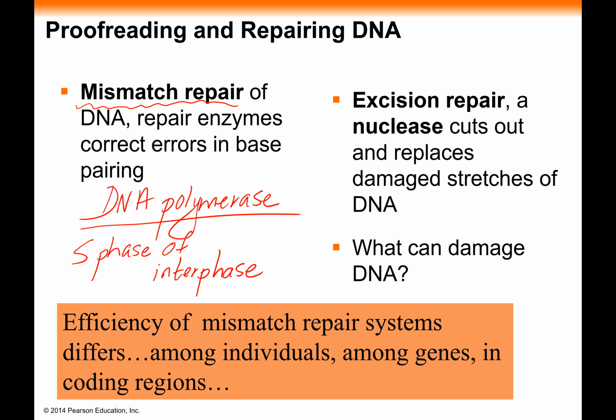Okay. But let's say we're in G1 or G2, and our DNA has been struck with some type of mutagenic agent. So, maybe radiation, certain foods can damage your DNA. There's a long list on the National Cancer Institute of all the different things that have determined to be mutagenic to our DNA.